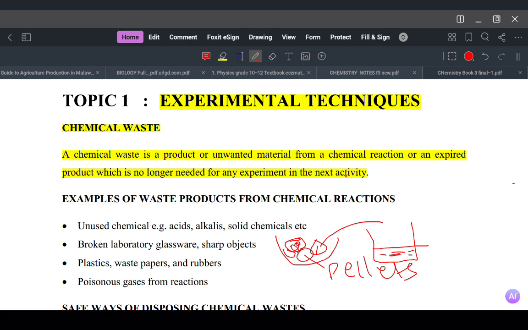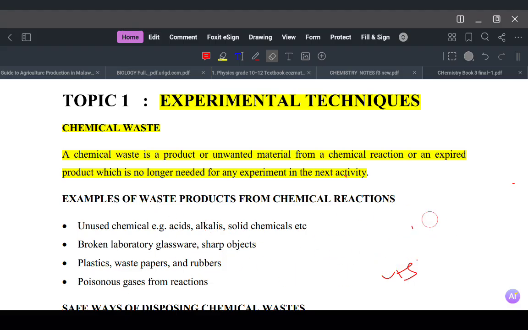So unreacted substances such as solid chemicals, acids such as hydrochloric acid, and alkalis such as potassium hydroxide and sodium hydroxide, if they have not been used, must be treated as wastes.